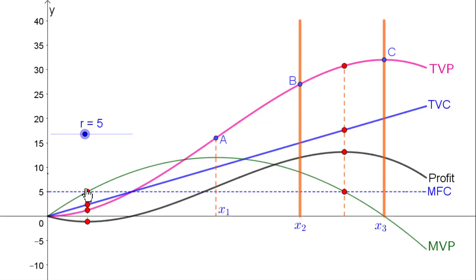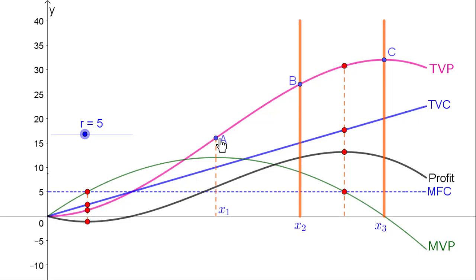So the rate of change of TVP, which is the rate of change of the value of your output, is increasing, and for your TVC, the rate of change is constant, which is the input price.